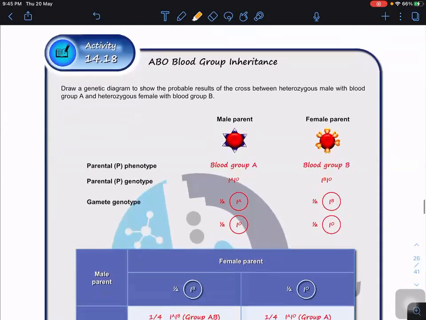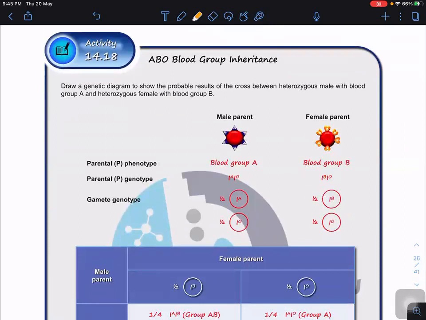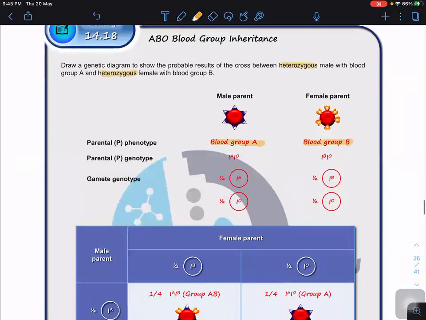In this case, let's say the male parent has blood group A and the female parent has blood group B, and they are heterozygous. If blood group A is heterozygous, it must be IAIO. Blood group B heterozygous must be IBIO.